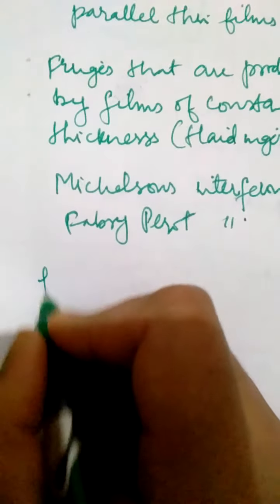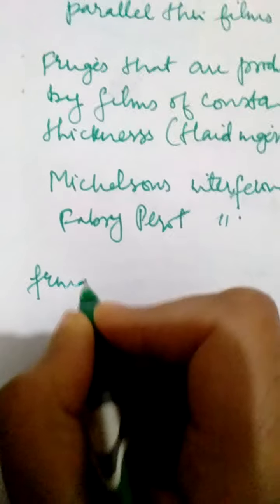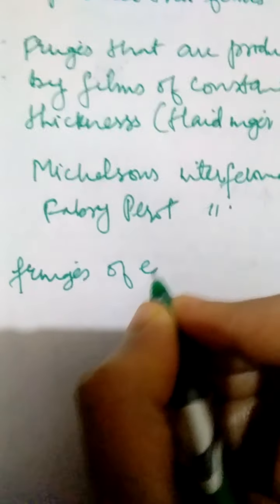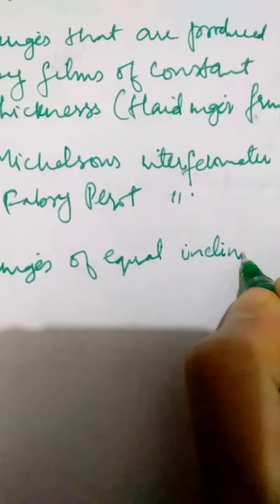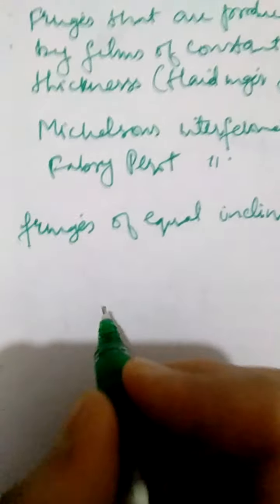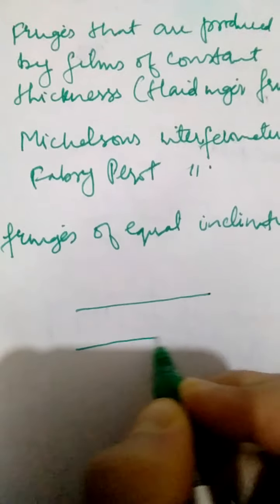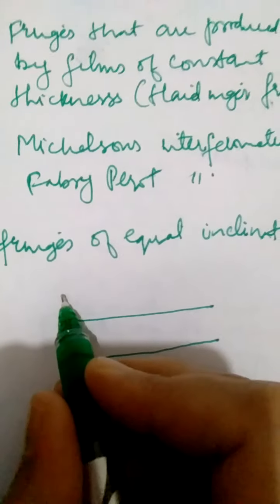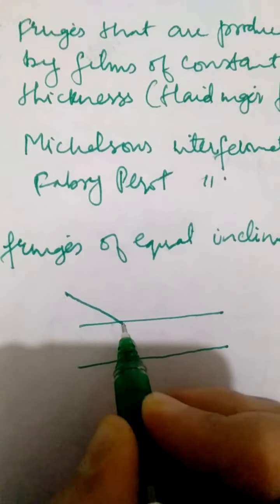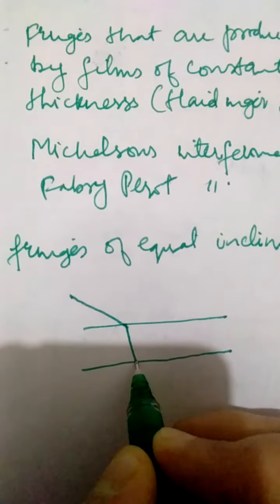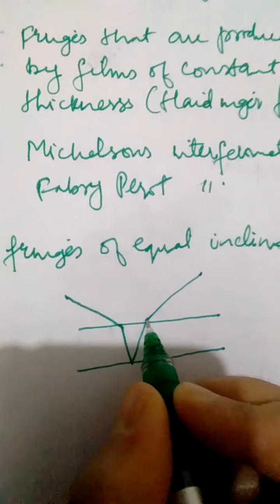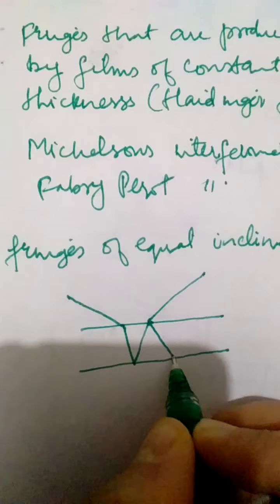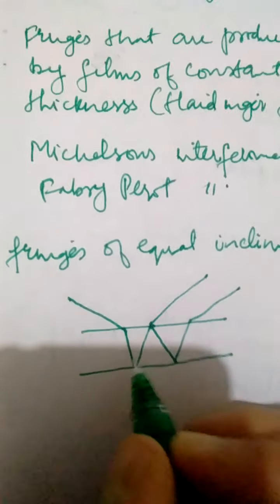Now, these Haidinger fringes are also known as fringes of equal inclination. Now, what do we mean by that? If you recall the reflection and transmission pattern, the incident ray is like this, the refracted ray is like this, it is again reflected, transmitted, and again here it is reflected, and then the process continues.